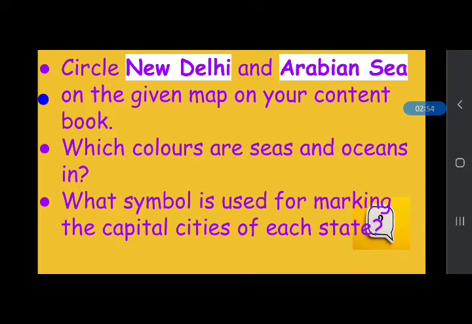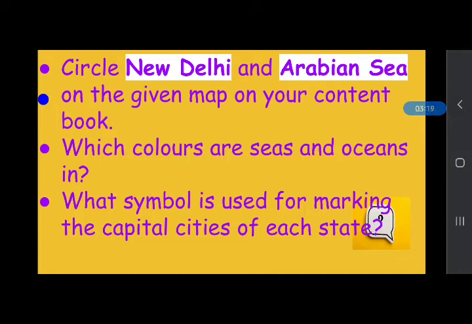You can pause the video and do this. Find New Delhi and Arabian Sea and circle it. Now answer which colors are seas and oceans in the given map and what symbol is used for marking the capital cities of each state.